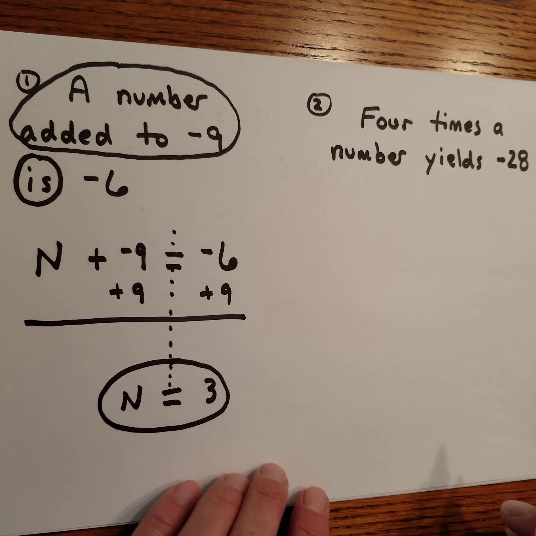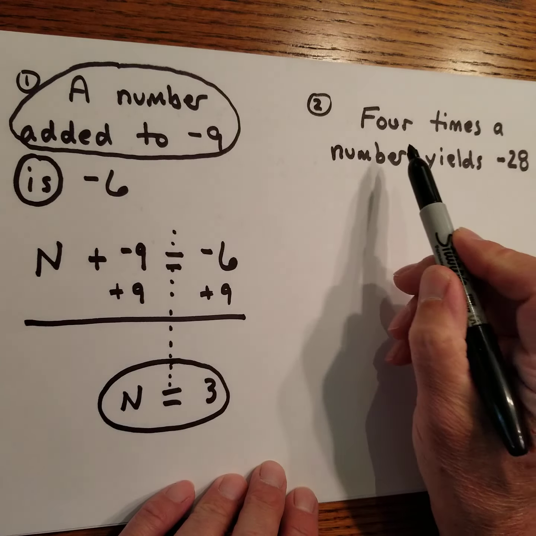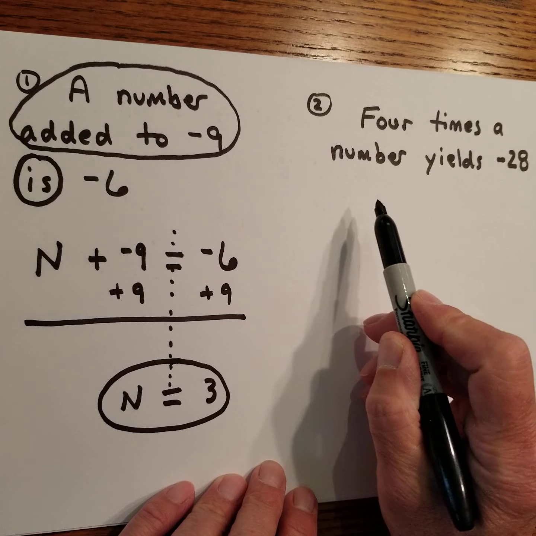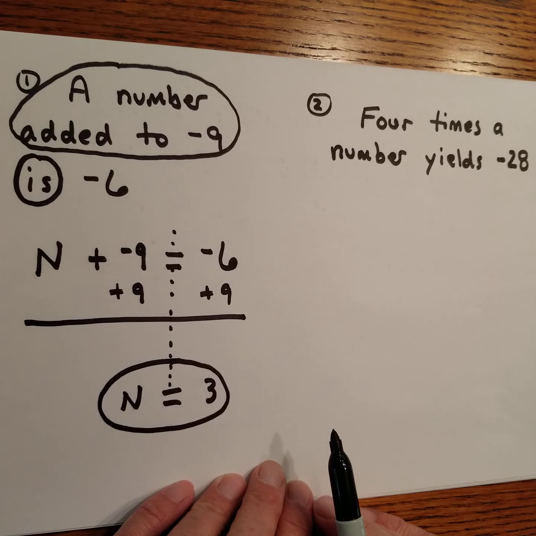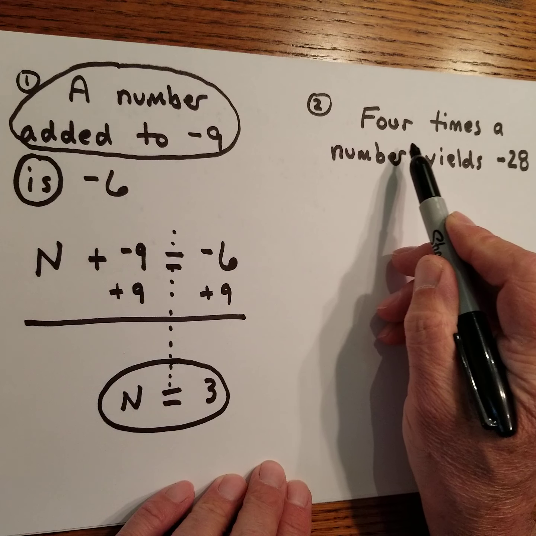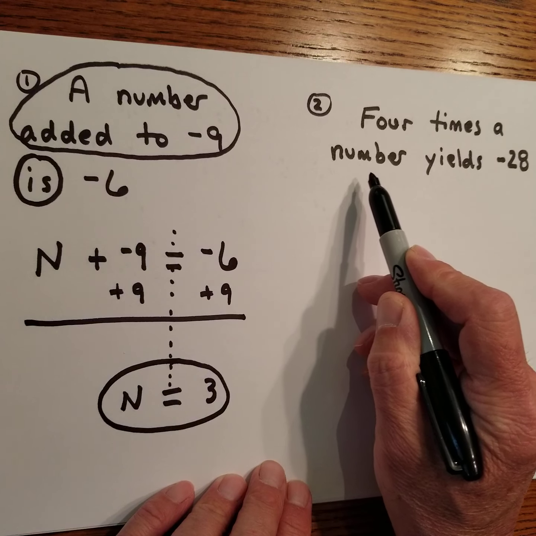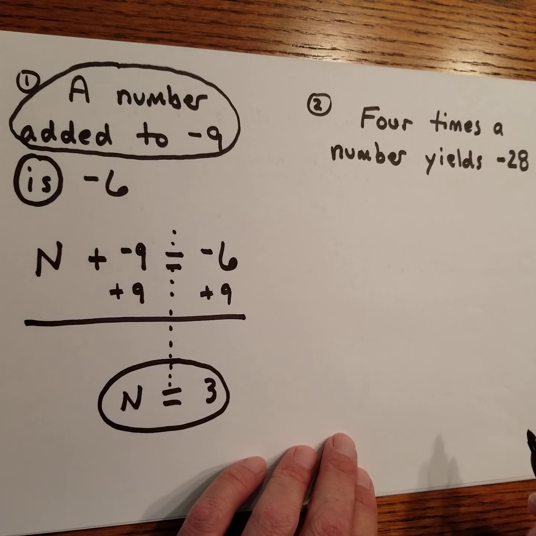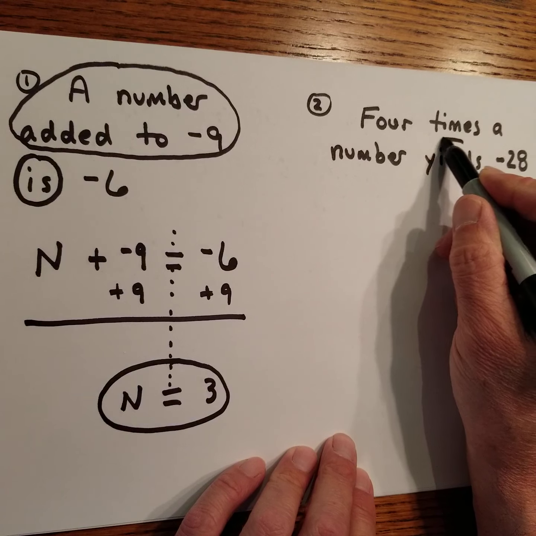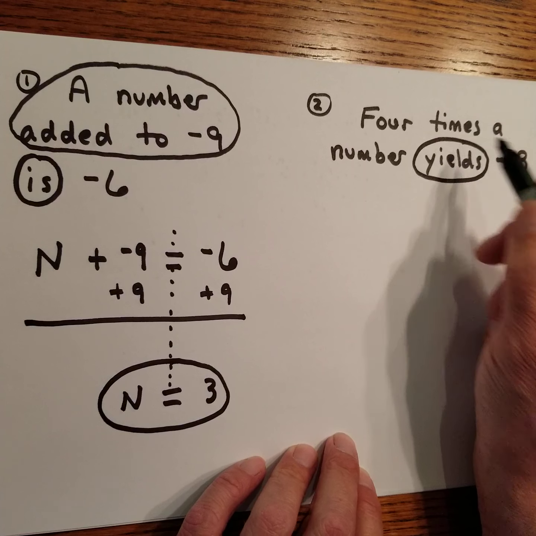Here comes number 2. Now remember, in English, this says 4 times a number yields -28. But in math, we like to skim the sentence looking for the equal sign. What word seems to be the equal sign? I like the word yields.